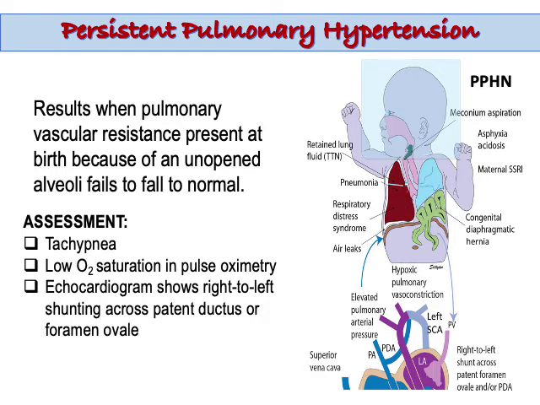Persistent pulmonary hypertension, or PPHN, occurs when pulmonary vascular resistance present at birth because of unopened alveoli fails to fall to normal. This occurs because hypoxia and acidosis from respiratory difficulty cause vasoconstriction of the pulmonary artery.